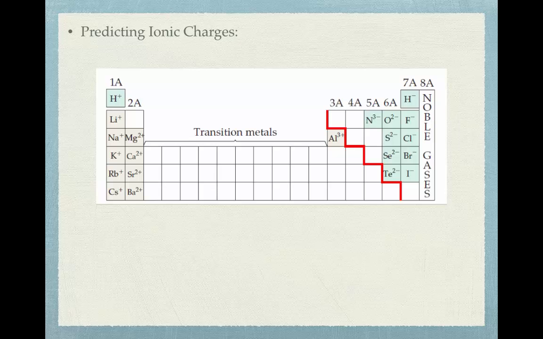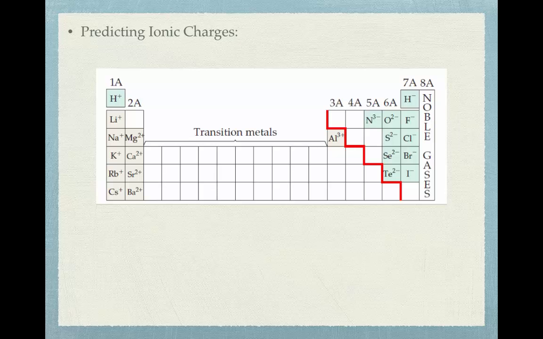For group 2, they have a +2 charge. For group 3, we'll just talk about aluminum, but aluminum has a +3 charge. Then if we skip over to 5A, nitrogen, when it becomes an ion, has a -3 charge. All of the group 6 have a -2 charge, and then the 7A have a -1 charge.